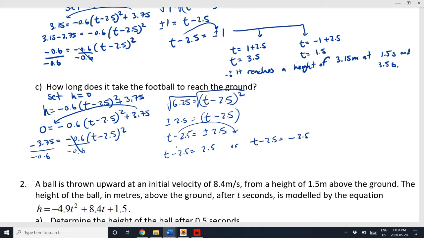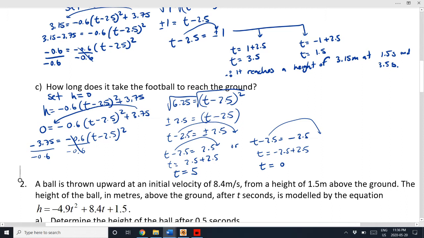And so if we go and solve that, we move this over here. We're going to get t is equal to 2.5 plus 2.5, which gives us a t of 5. Or we're going to get, if we move this over here, t is equal to negative 2.5 plus 2.5, and this gets us a t of 0.